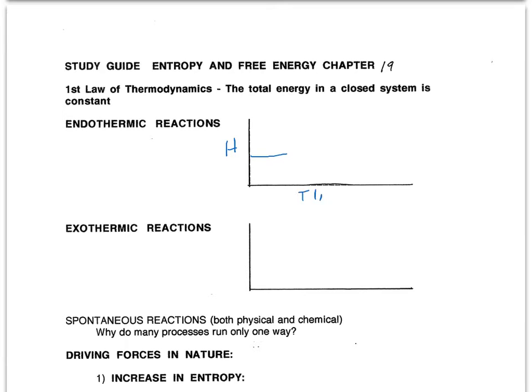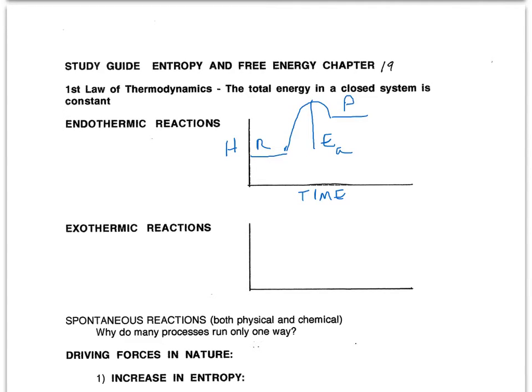Time is on the x-axis here. We start with the reactants, and of course if it's an endothermic reaction, the products will end up with more energy than the reactants. We will put a little bit of, you remember what that's called, the height of the hill, right, activation energy to get the reaction to go.